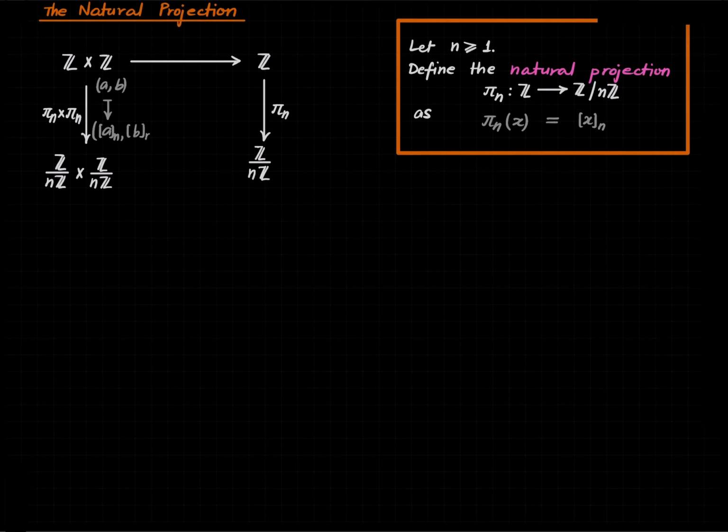That's what that map is. Or maybe I'll write it like pi n a, pi n b. Right? I'm just unpacking the meaning of Cartesian product of two maps. So that's what this vertical map is, and of course we know what this vertical map is. The point is this. This is a very, very important point.